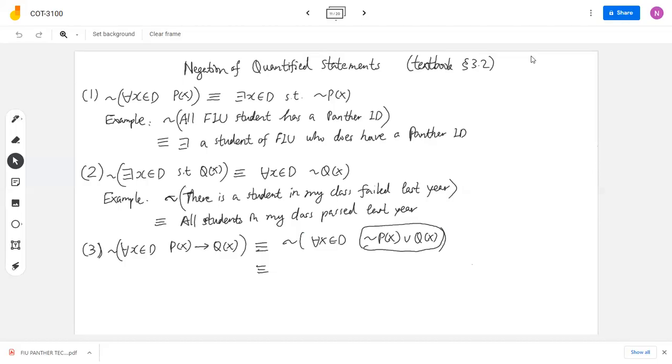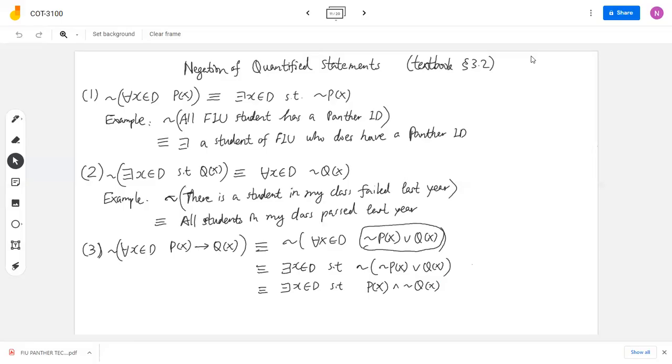So the negation is there exists an x in D such that the negation of not P(x) or Q(x), which is equivalent to there exists x in D such that, applying De Morgan's law, P(x) and not Q(x). Okay, this is our theoretical deduction of this logic form.